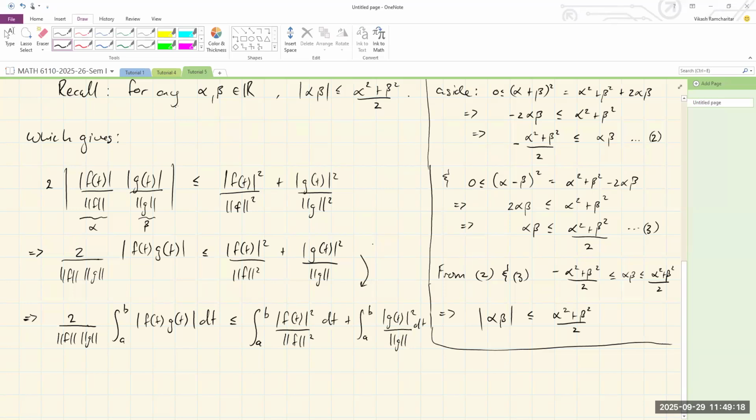Again, the rule that I'm using there is, let's use capital F and capital G: if I have capital F of t less than big G of t, then I'm using the fact that the integral of this one is less than or equal to the integral of this one. So that's what I'm using there.